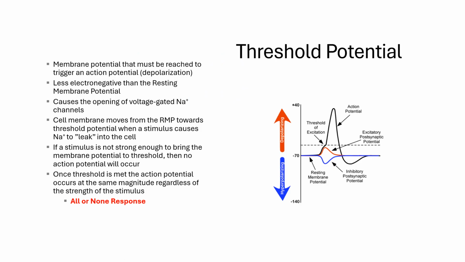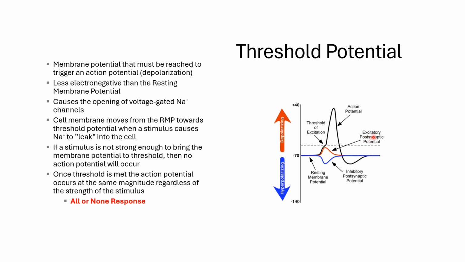So let's look at what we have in this picture. Again, we define depolarizing as becoming more positive and hyperpolarizing as becoming more negative. Notice we have some small potentials here. These are graded potentials. Remember I said on the last slide that they could be called postsynaptic.